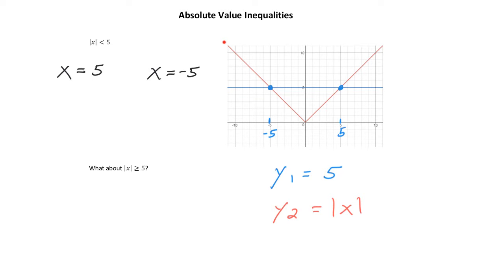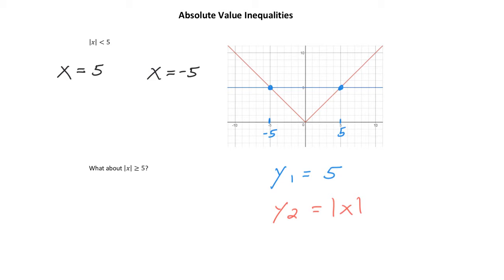I want to know, where does this graph have a lower y value than this graph? And the good news is the answer has only two possibilities. That's either going to be between our two solutions, or it's going to be on the outside of my two solutions. So it's got to be one of these two regions.